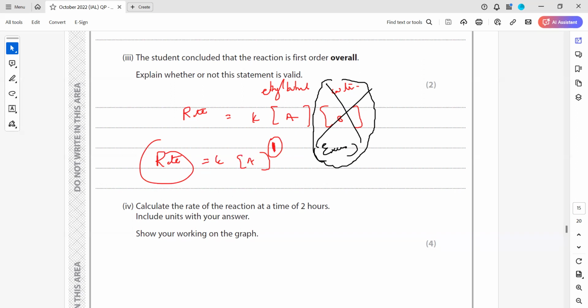You can mention that, because the water is in excess, the change in the concentration of water is not affecting the rate. So only the change in the concentration of the ethyl butanoate affects the rate. Is it clear?